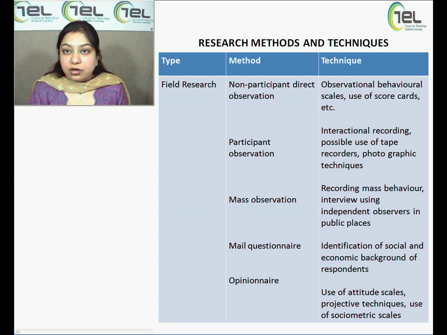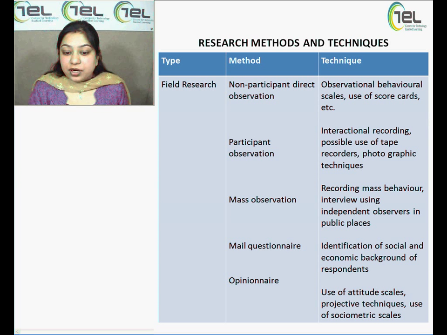Another method of business research is participant observation, where the participant is directly involved in observing the researcher. The technique applied to this is interactional recording, possible use of tape records, and photographic techniques.